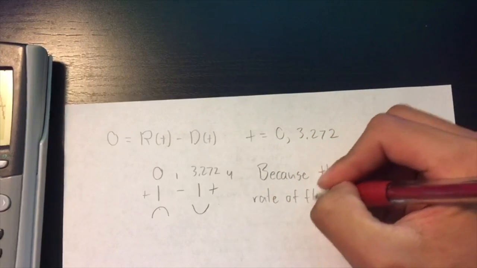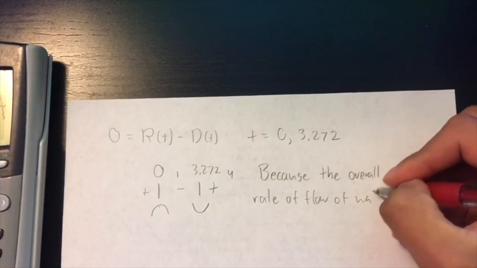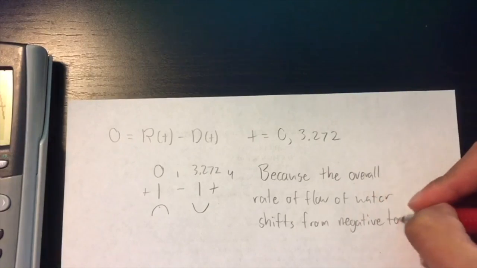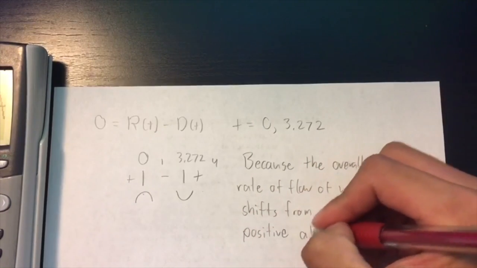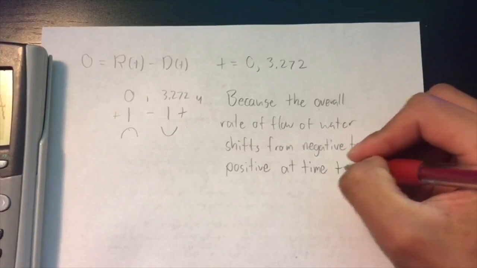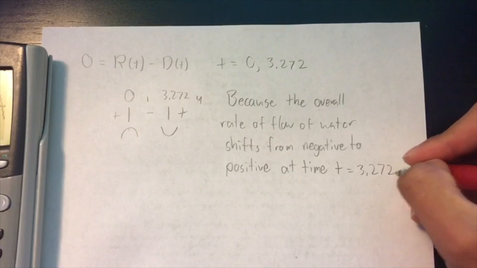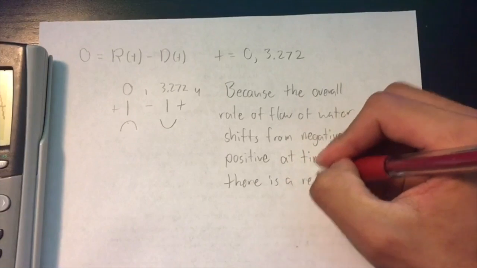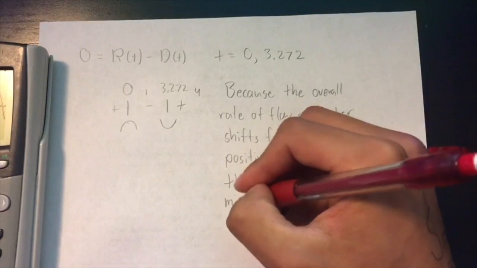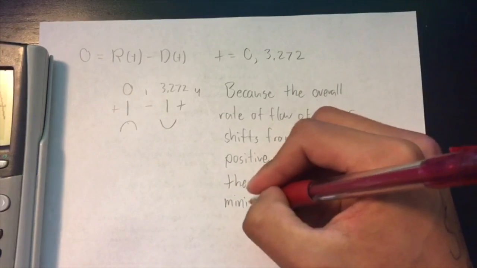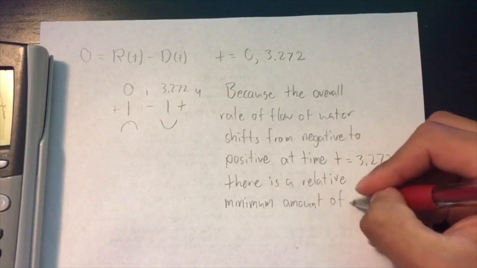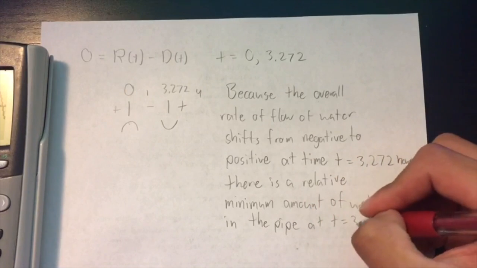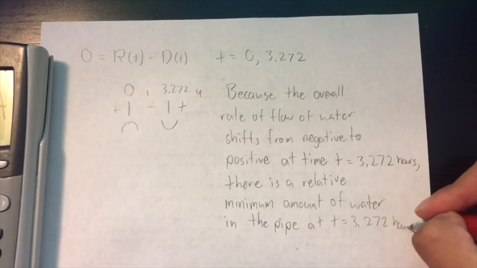rate of flow of water shifts from negative to positive at time t equals 3.272 hours, there is a relative minimum, which remember is what we are looking for, amount of water in the pipe at t equals 3.272 hours.